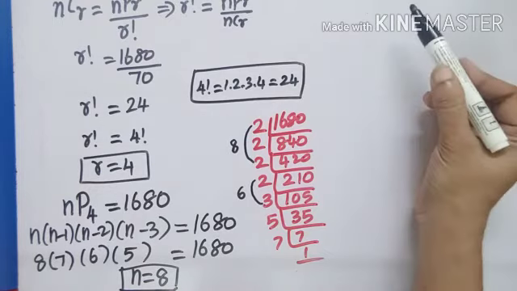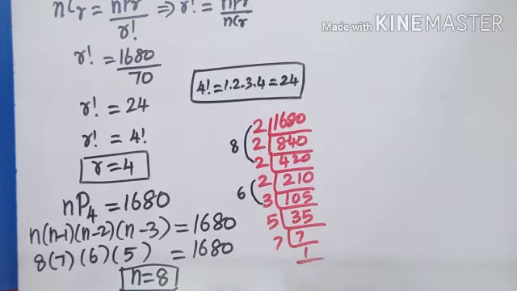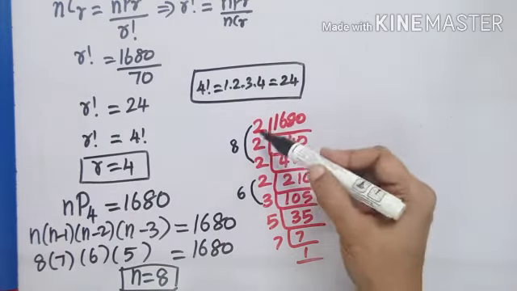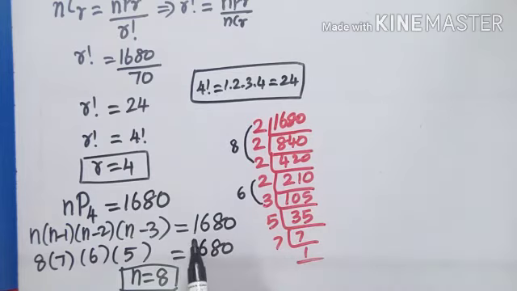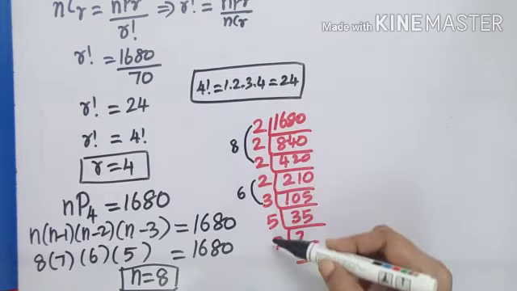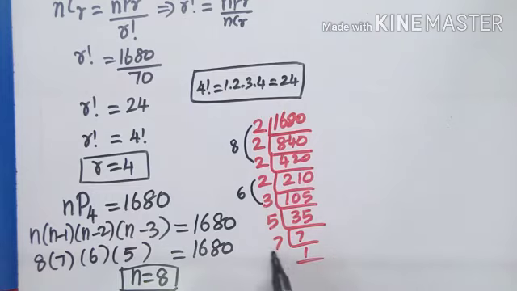So the question is find n and r. We have found out what is n and r. Writing this will be a little difficult. Practice yourself. When 1680, or any other number comes, I want 4 consecutive numbers out of all the divisors. Look out for the biggest number, 7. Next number I can say 5.